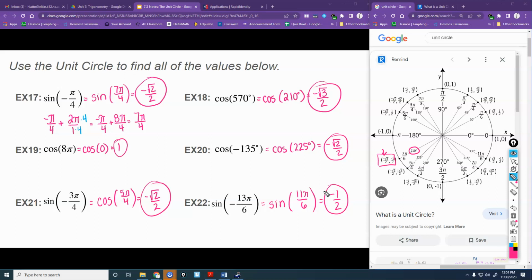Yes, perfect. Let me double check, that is a negative, correct? Yeah, that was good. Alright. Okay, check with your neighbor, look at their paper, see if they're getting the same thing as you.